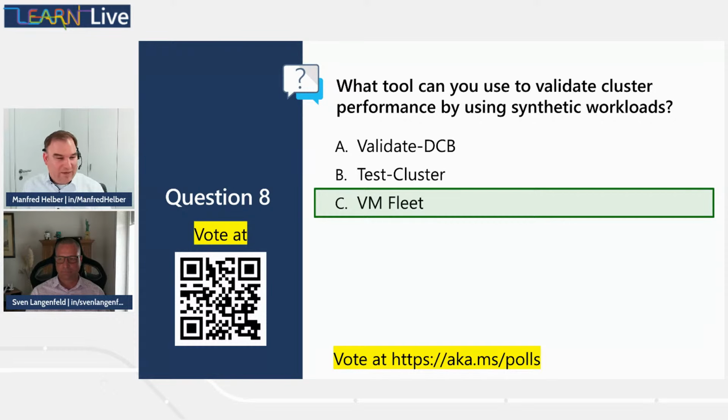The VM Fleet is the tool suite that adds some synthetic workload to the cluster that simulates a specific amount of VMs, and you can decide how many VMs this will be. And this simulates the synthetic workload to have a real life scenario to see how your cluster will react if you put workload on it.